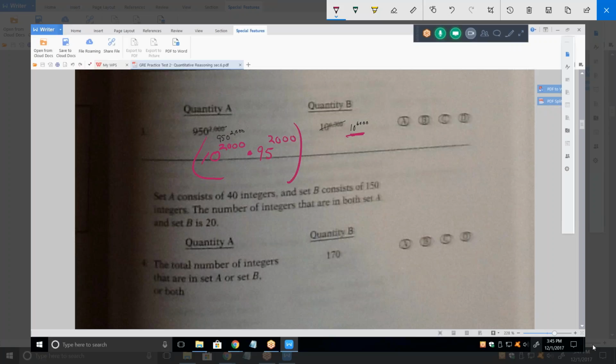Not necessarily. Because this is 10 to the 2,000th, and this is 10 to the 6,000th. Based on the equation that you just wrote, it still doesn't tell me quantity A is bigger, because 10 to the 2,000th only has 2,000 zeros behind it, and this has 6,000. If I could have written this as 10 to the 6,000th, then quantity A is definitely bigger.